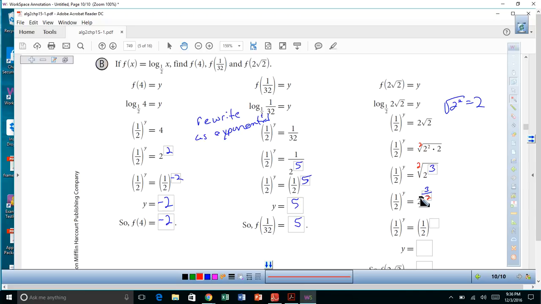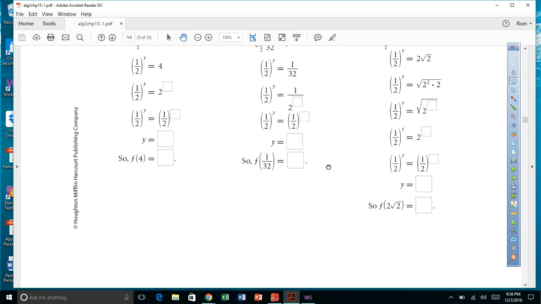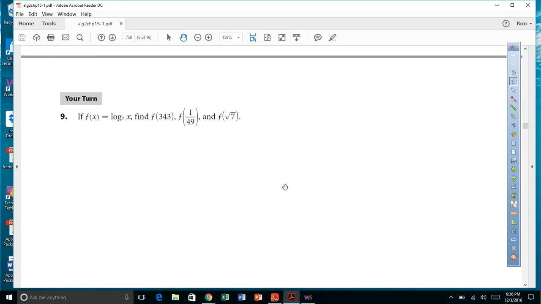And to change this 2 to a fraction, we'll make this negative 2/3, right? So y equals negative 2/3. So f of 2 times the square root of 2 equals negative 2/3. Cool. We did it. Our turn.